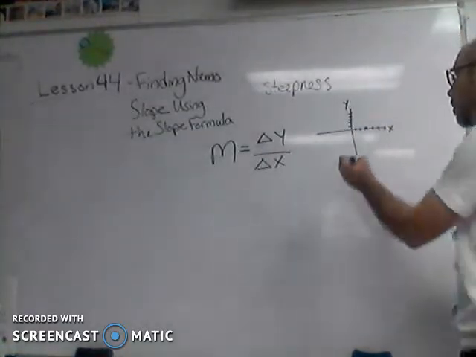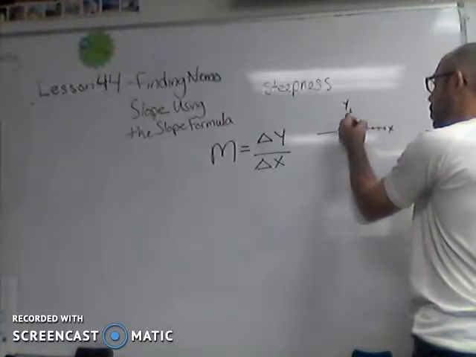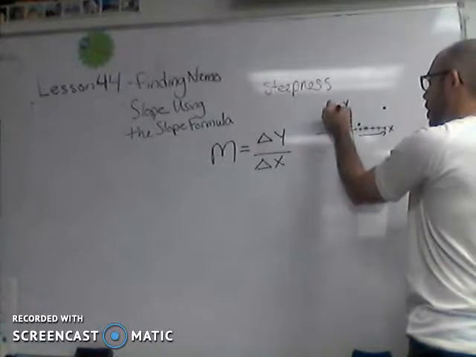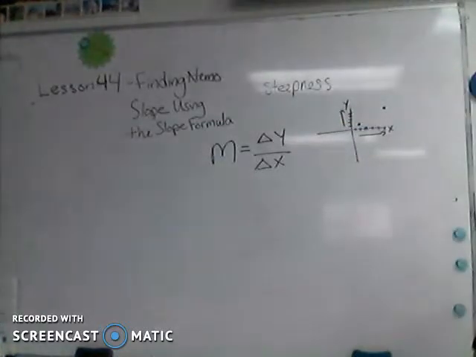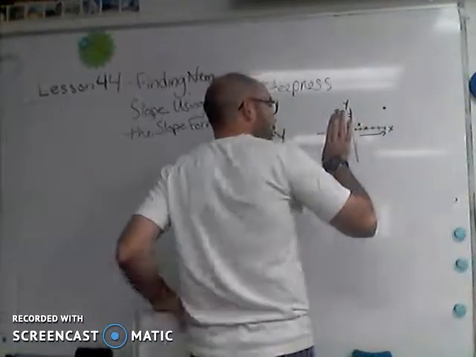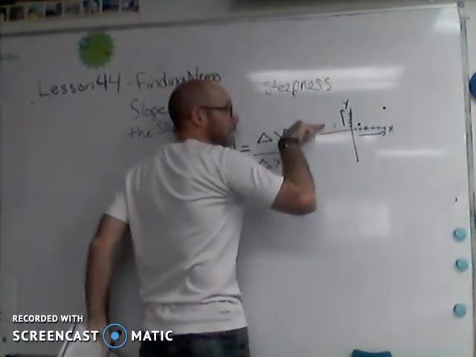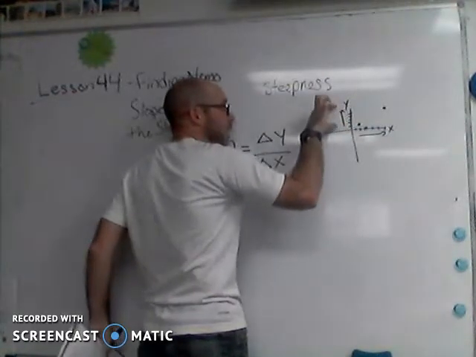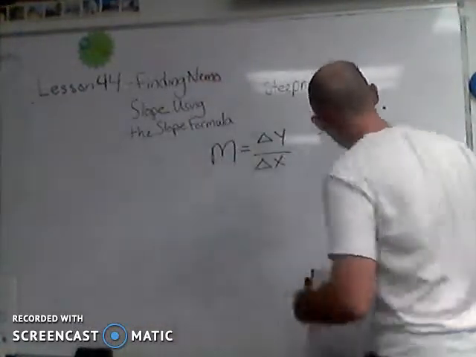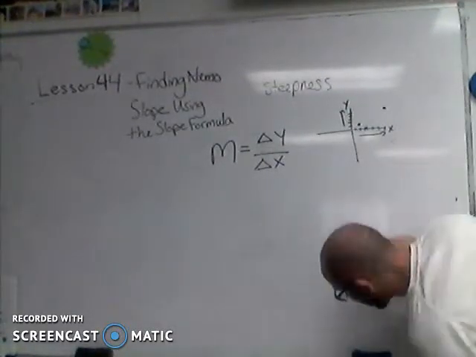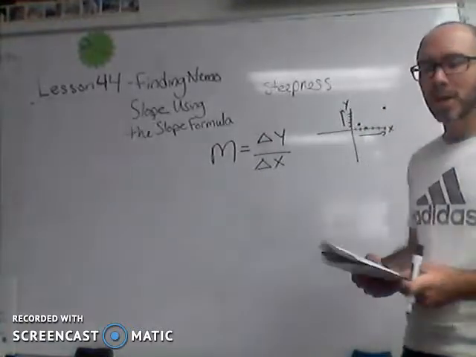So we want to know how much something changed from this point to this point, first in the x direction, and then in the y direction as well. We also talked about looking at it from the side: it's right here in the y direction, and then right here, and what's that change? Or looking at it this way, the x is there and now the x is there, and how much that has changed as well.